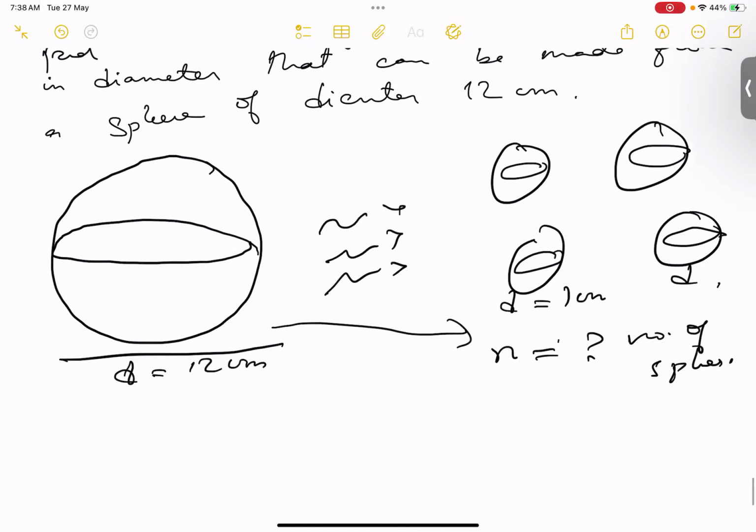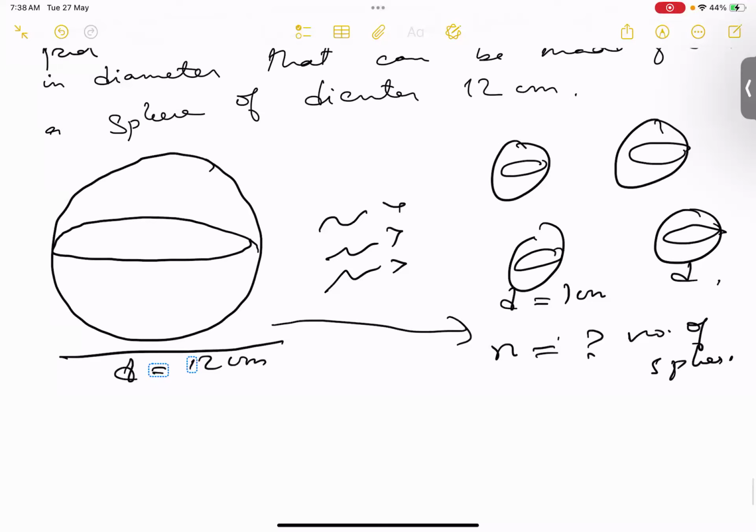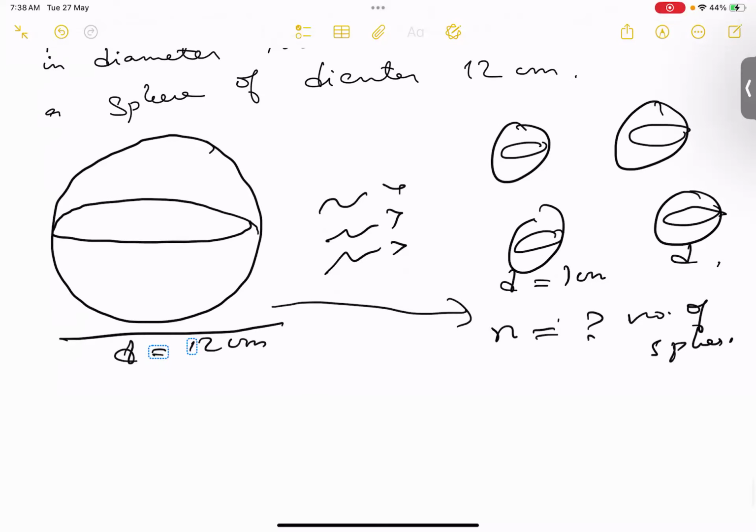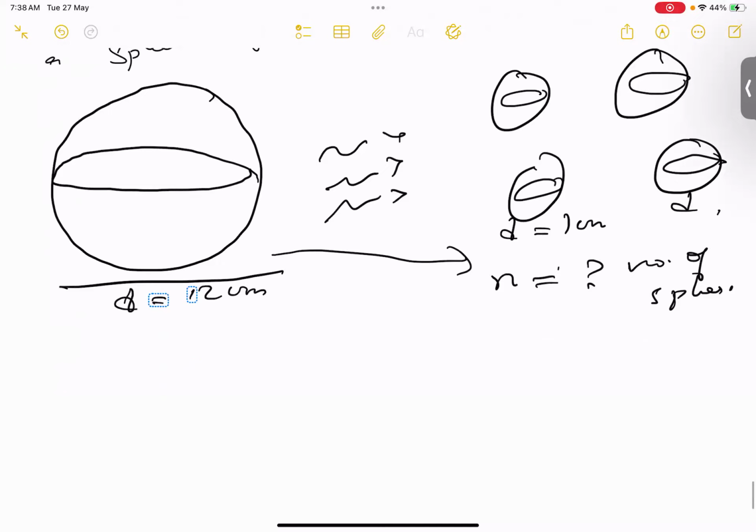Since the material of the sphere is fixed, there's no increase or decrease in the volume or the quantity of the material used to produce the lead balls. So the relation will be like this: volume of this sphere is equal to n into volume of lead balls.